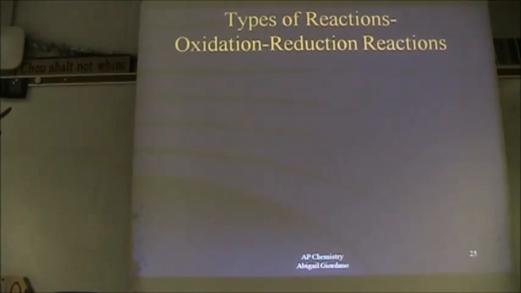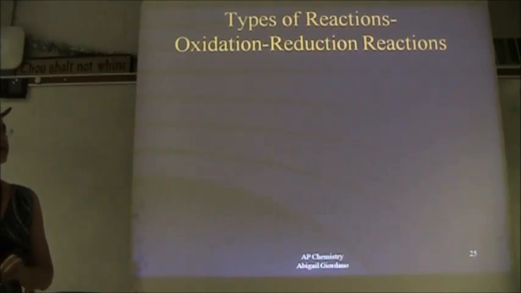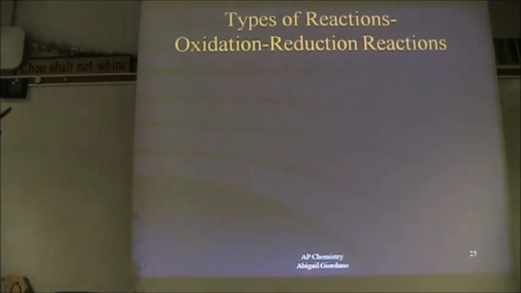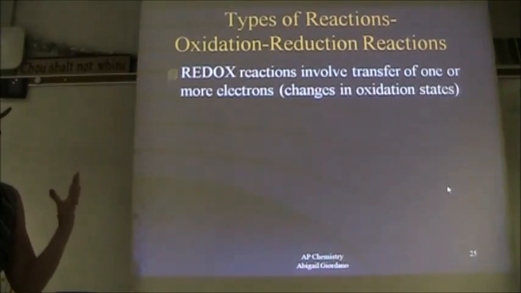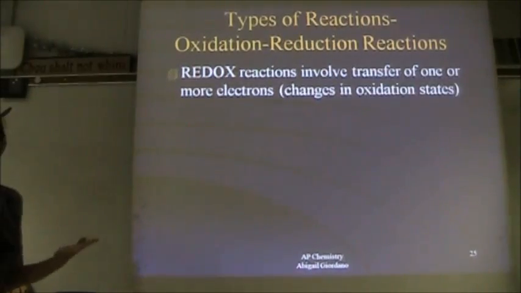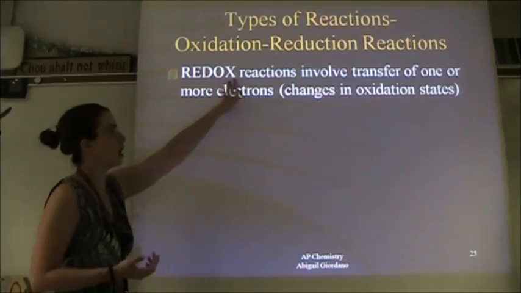So let's just recap what we have done so far. We have done precipitation reactions. We have now done acid-base neutralization. The last part of chapter 4 has to do with oxidation reduction reactions. And usually I will shorten that and call it a redox reaction. That's just a shortening, reduction, oxidation.